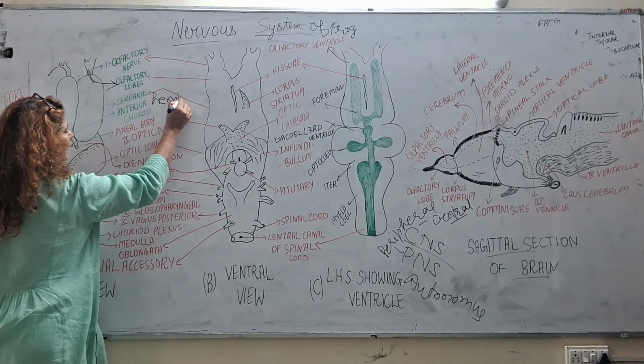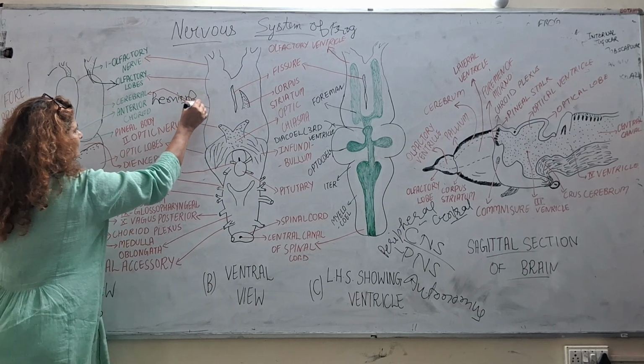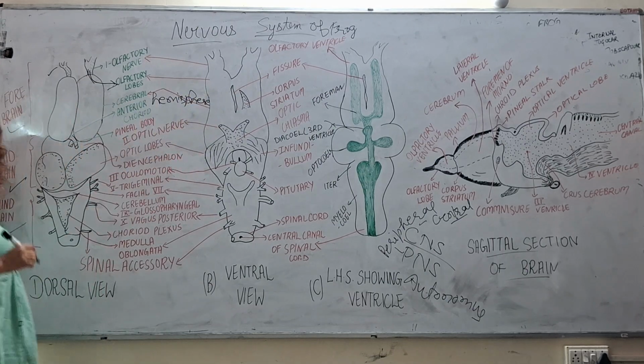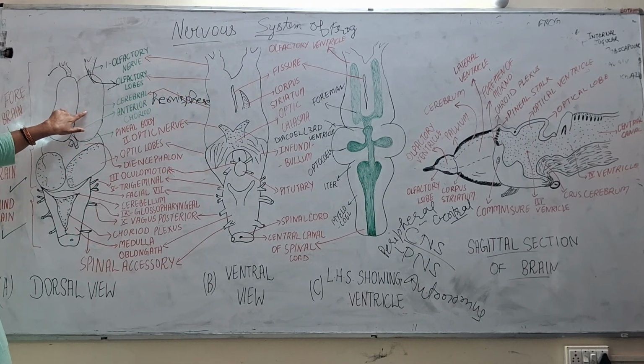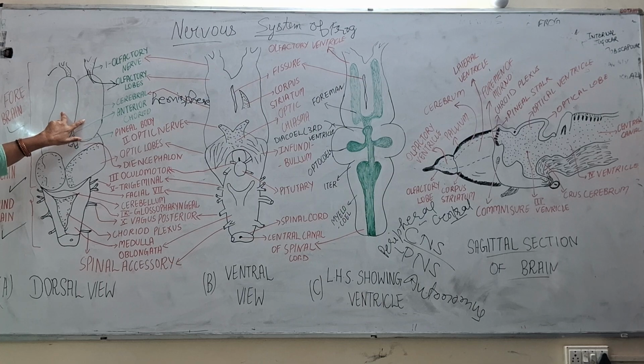It is called the cerebral hemisphere. These are two cerebral hemispheres, two broad elongated portions, and the two are joined with each other from the common side.